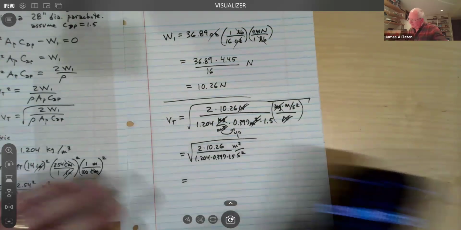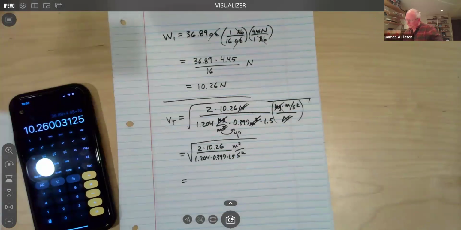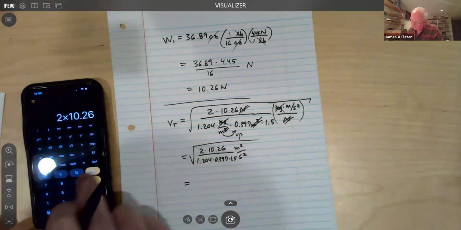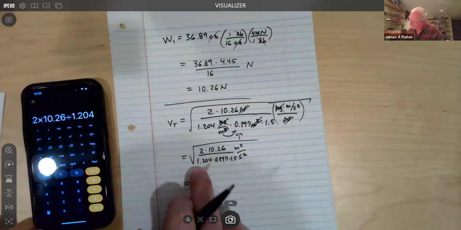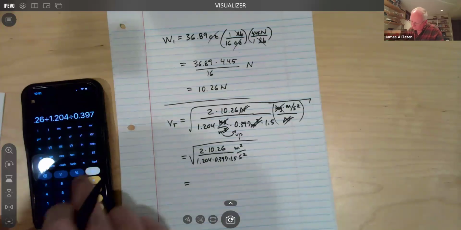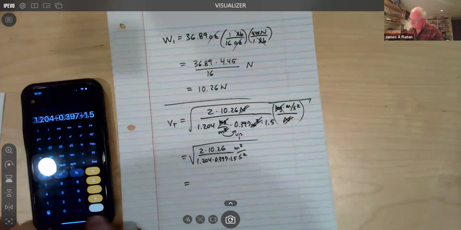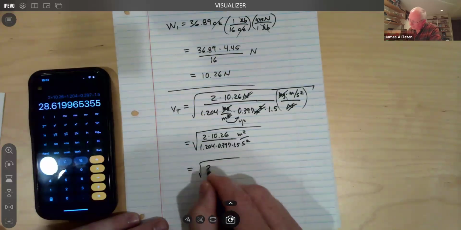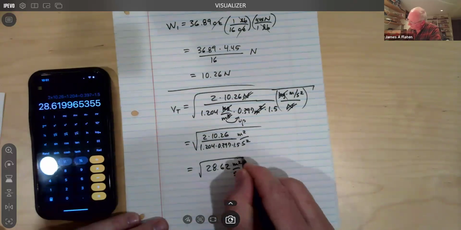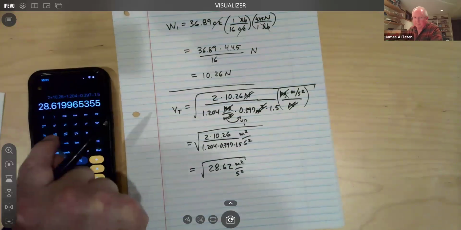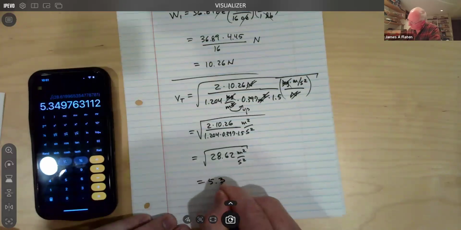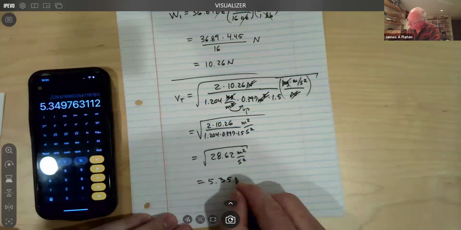Let's calculate those numbers. 2 times 10.26 divided by 1.204, and then also divided by 0.397, and also divided by 1.5 gives 28.62 meters squared per second squared. So here is the square root of that number, 5.35, and the square root of meters squared per second squared is meters per second.